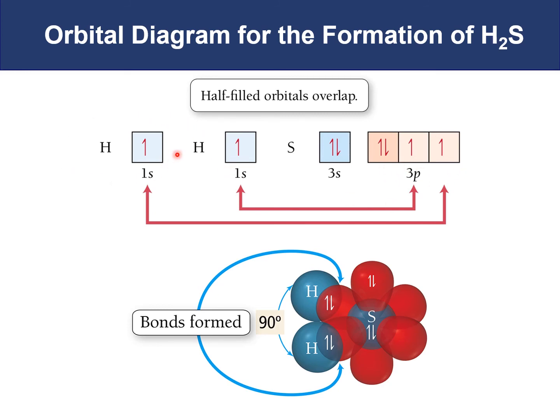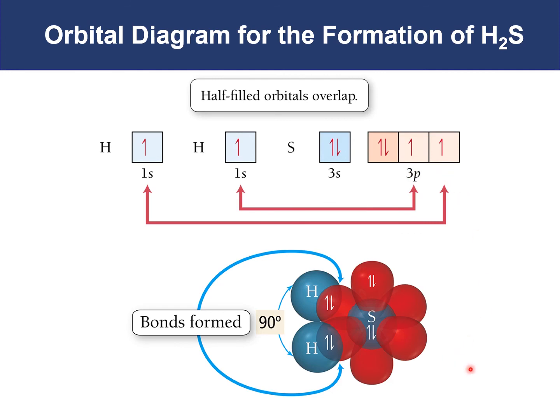So your hydrogen atoms, which have one half-filled 1s orbital, will interact with the half-filled p orbitals. If we assume that the filled orbital is our pz, as is drawn here, then this orbital here would be our px, and this one our py.